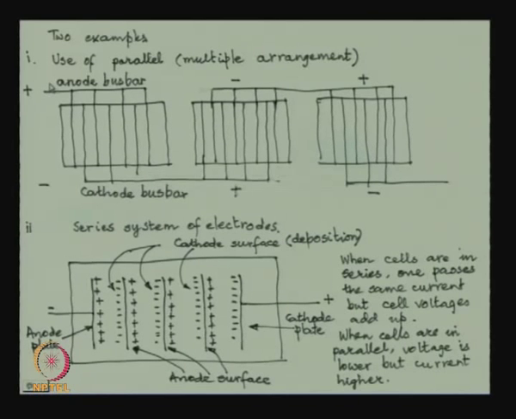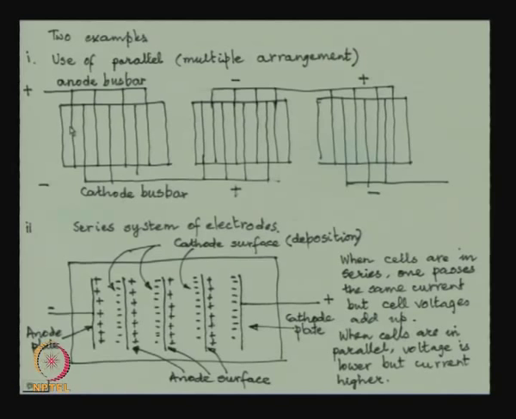Why? Because you have an anode bus bar and a cathode bus bar. From the same cathode and anode, you are supplying this current to this cell, this cell, this cell, this cell. The same current is split into 4, and they again are split into 4 and again split into 4. So, these are parallel arrangements put in series.